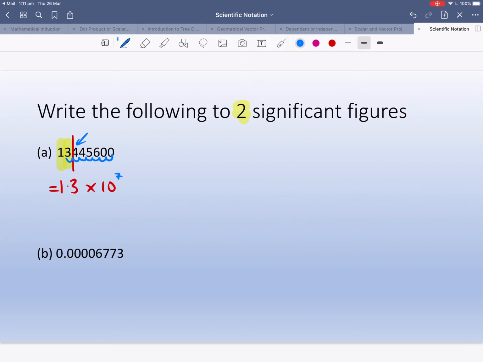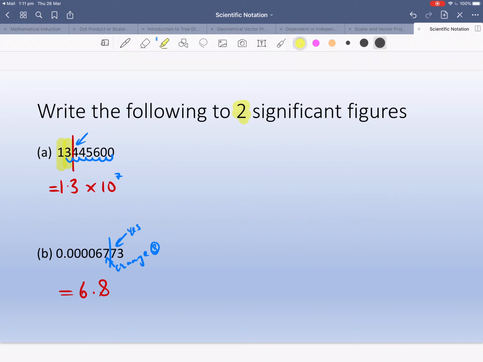The next one, to 2 significant figures, is going to be there. Now, is this number 5 or higher? The answer is yes. So that means I have to change the number up by 1, to 8. So 6 point, it won't be 7, it'll be 8 because we're rounding.